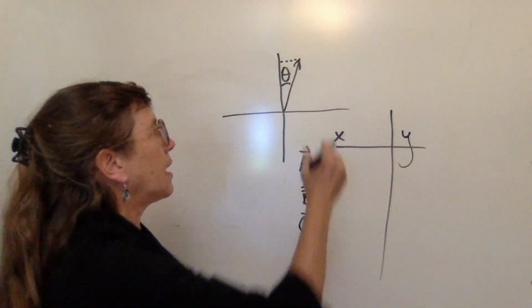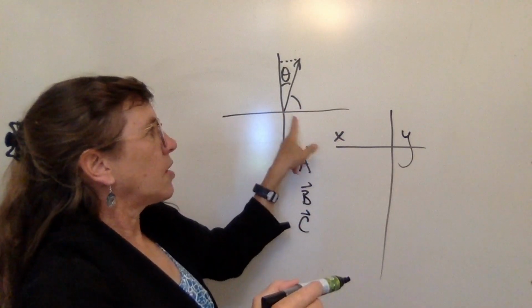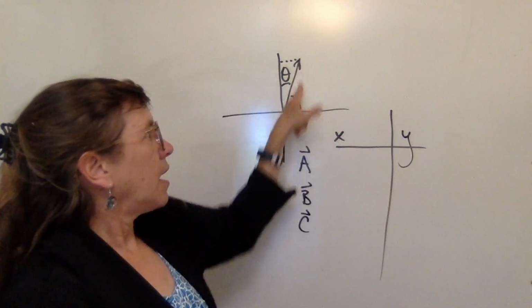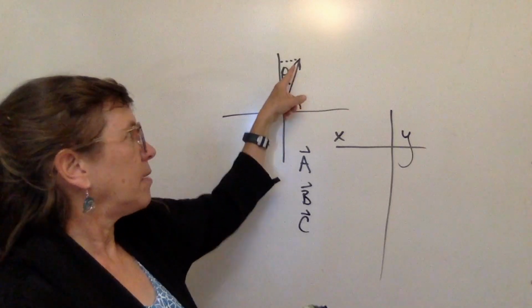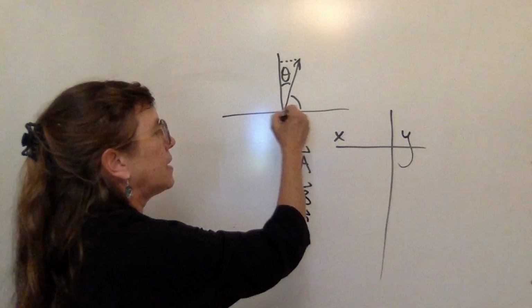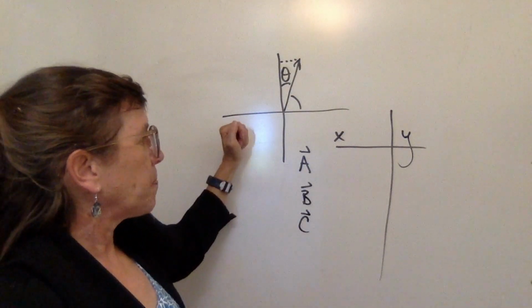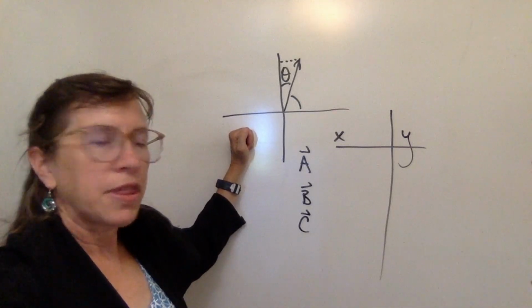You can either find this angle right here and then say x is the cosine of theta multiplied by the magnitude of the vector, and then y is the sine of the angle. But that's only the case when it's with respect to the x-axis. So anyway, practice your vector math.